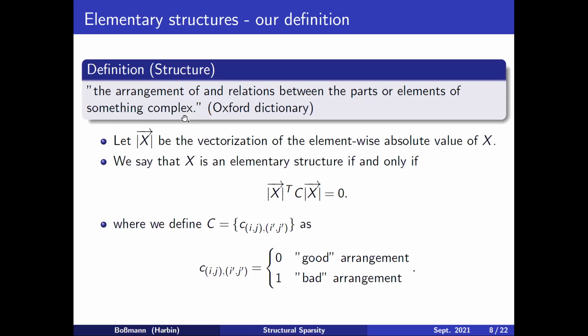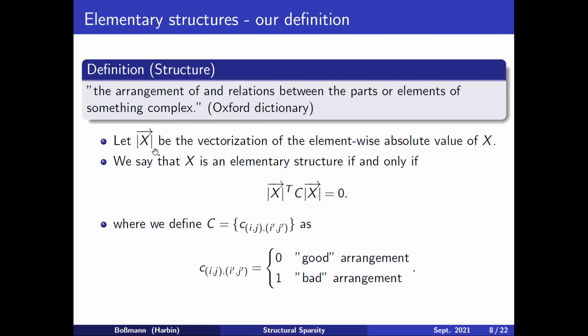And if you want to translate this into mathematics, then the key here is the relation. So you need the relation between parts of something. So what we need is the relations between the non-zero elements of our matrix. So how can we put this in mathematical form?